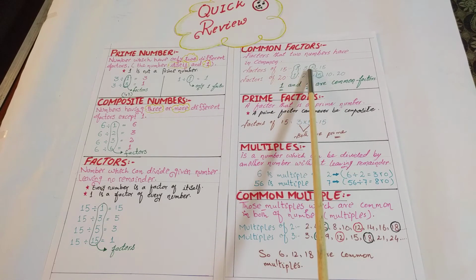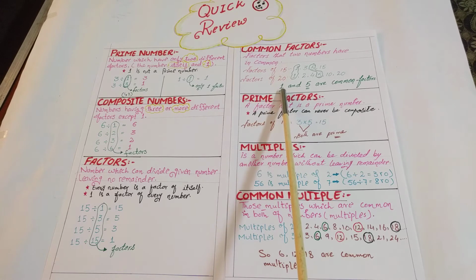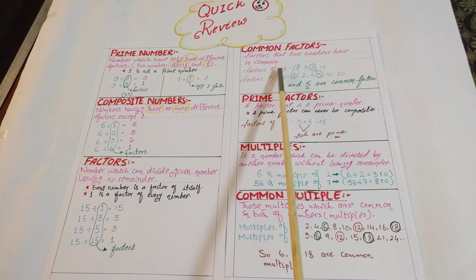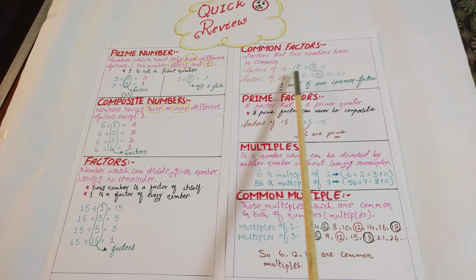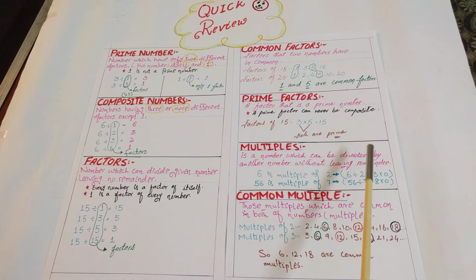It means 5 is a common factor of 15 and 20. So 1 and 5 are the common factors of 15 and 20, because they are in both of the given numbers as a factor.